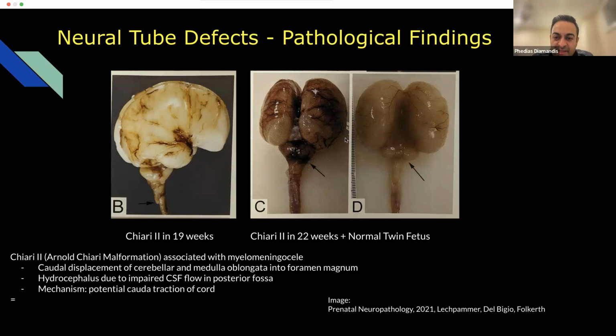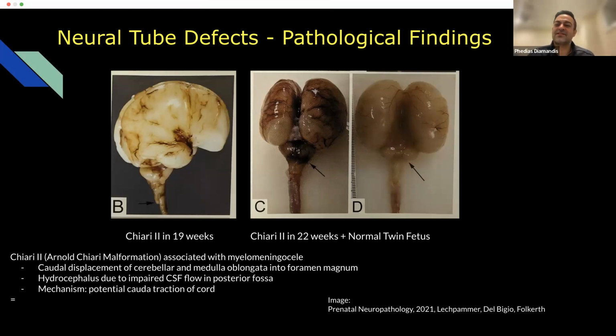Here's twins, in which you have Chiari type II in one fetus and a relatively normal cerebellum for comparison in the subsequent fetus, just showing the contrast in a more well-controlled system. The mechanism of this has been contentious, but it's thought that there's some caudal traction of the cord from the defect that's pulling the spinal cord and brain down.